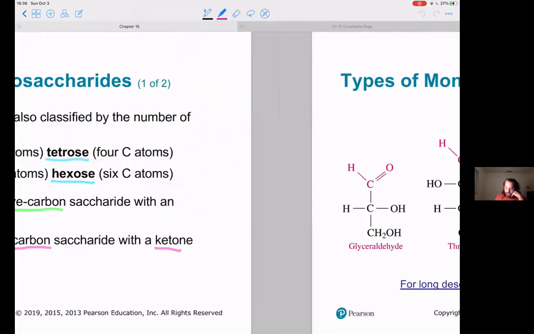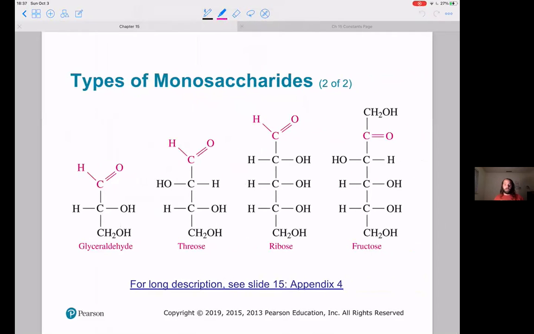So that's the first step that we're going to learn in this chapter, to be able to classify these sugars based on whether they're aldoses or ketoses, and then whether they have 3, 4, 5, or 6 carbons. Each sugar has its own unique name. We're not going to be memorizing the structures of the different sugars. There's literally a bajillion of them. There are important ones that we're going to see over and over again.